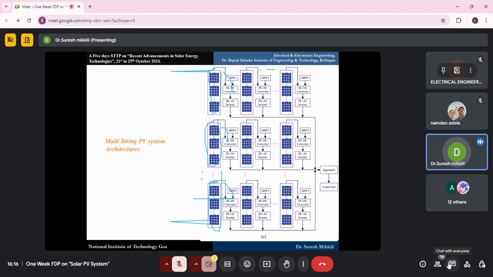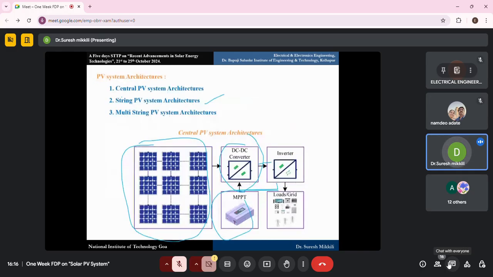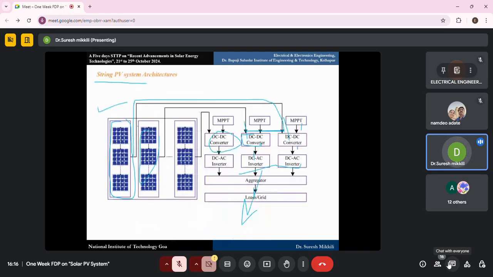Like that, multi-strings will be considered. Mostly in solar parks, at the utility level, people will consider multi-string systems. In building integrated systems, string integrated converters will be used. This is called string integrated converters. This is called central converter.